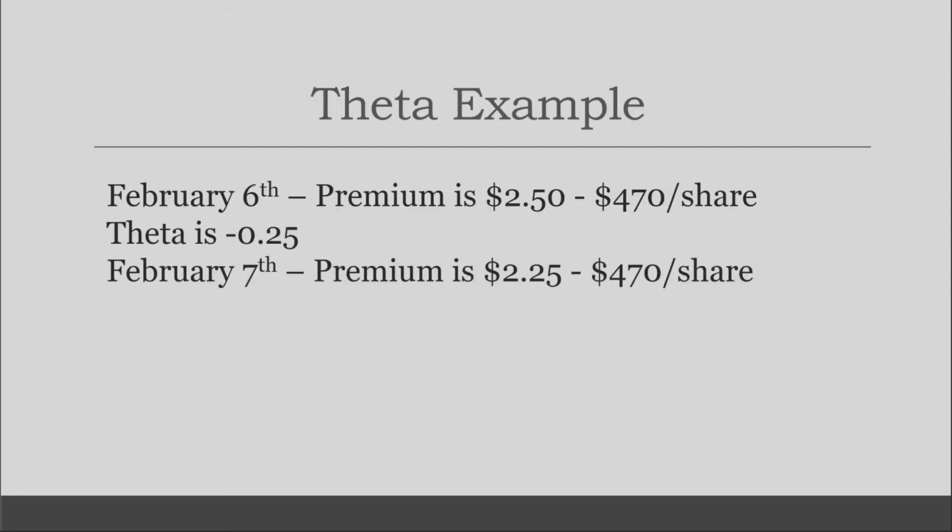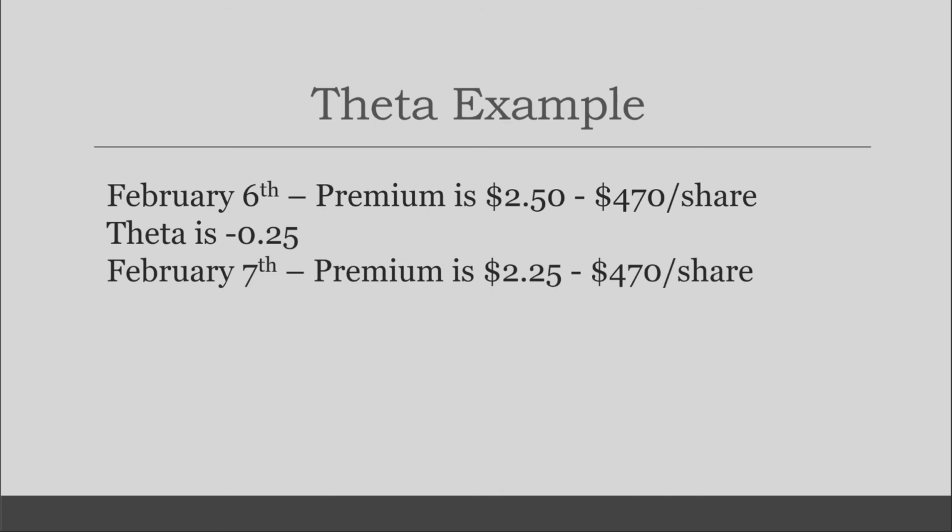Remember when I offered you $250 for your contract on February 6th? Let's say you went with choice number 3 and decided to hold and not sell to me. Let's have a look at how theta would affect your premium. Let's say on February 6th, the share price was $470 per share as we discussed, but the theta was negative 0.25.